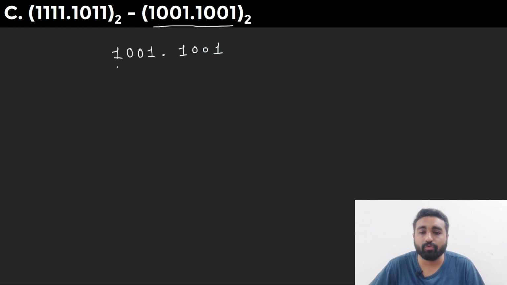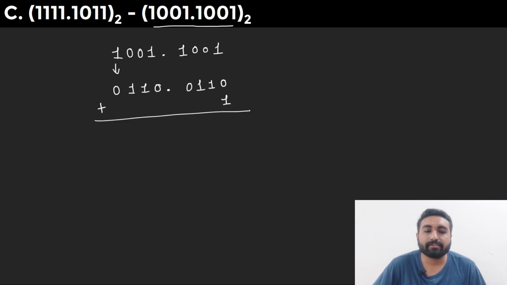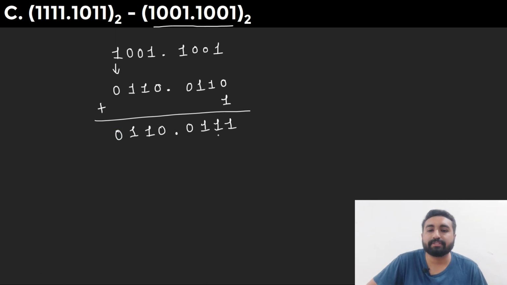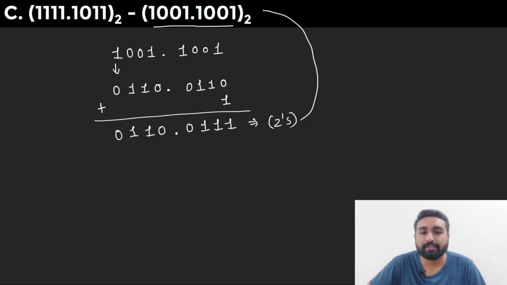I will take the 1's complement, so the number will become 0110.0110, and when we add 1 into that, our answer will be 1110.0110. Okay, so this is the 2's complement of 1001.1001.